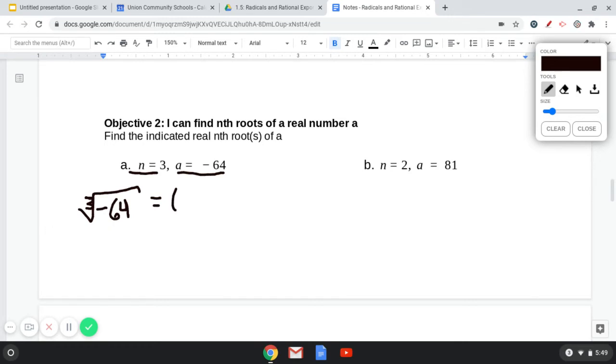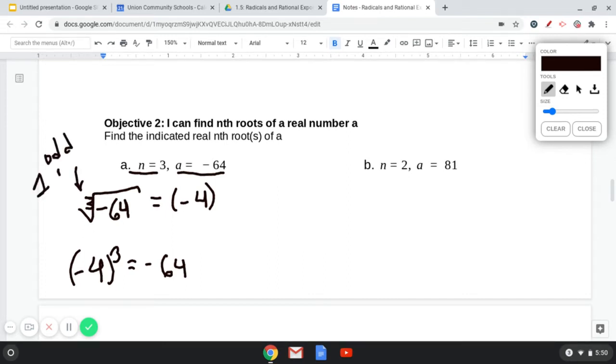Think about it. This is negative 4. This means that the cube root of negative 64 is negative 4 because negative 4 cubed is negative 64. All right, and remember that this is odd, so we get 1 root.